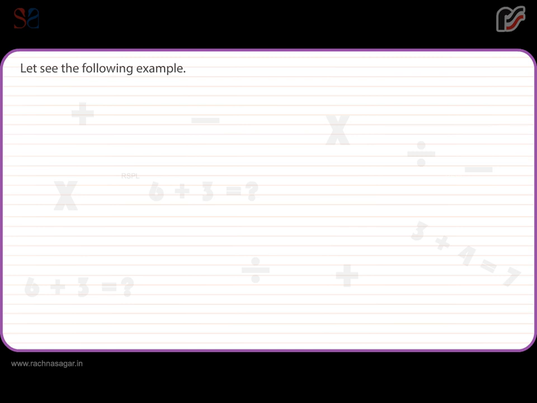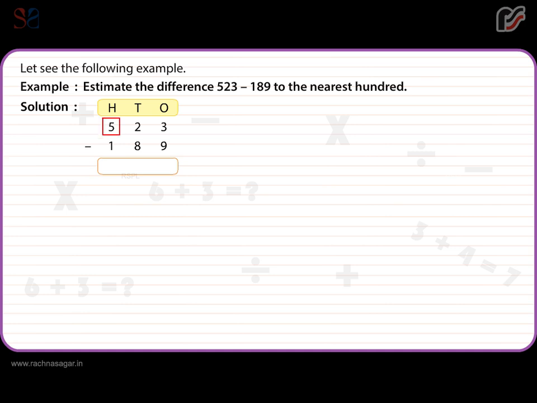Estimating the difference. Let's see the following example. Example. Estimate the difference 523 minus 189 to the nearest hundred. Solution. 5 hundreds, 2 tens, 3 ones minus 1 hundred, 8 tens, 9 ones. 500 minus 200 is equal to 300.